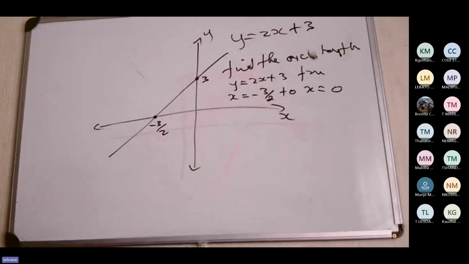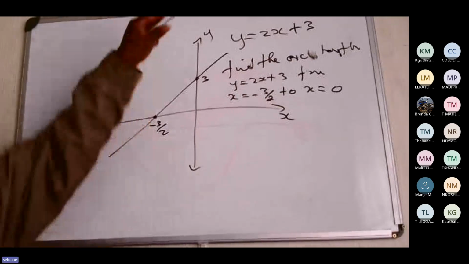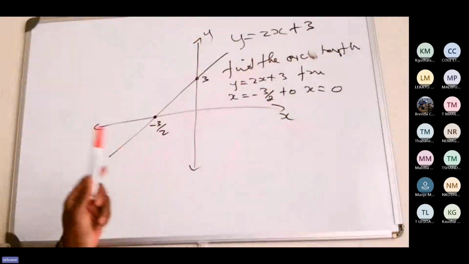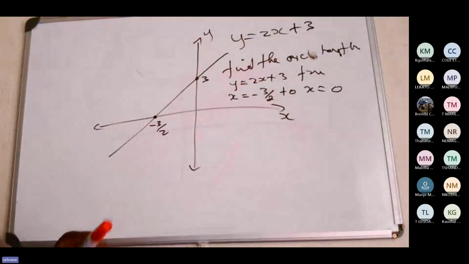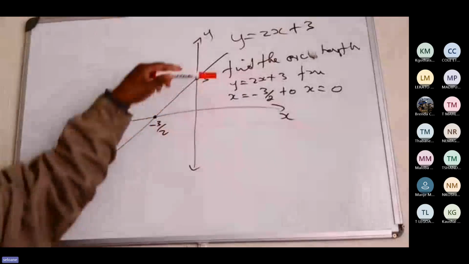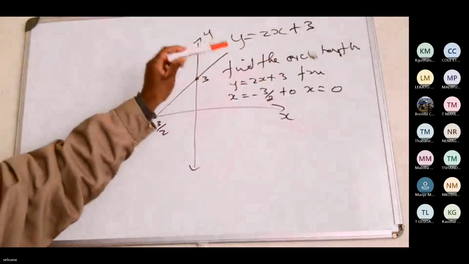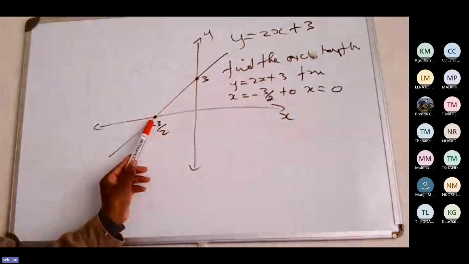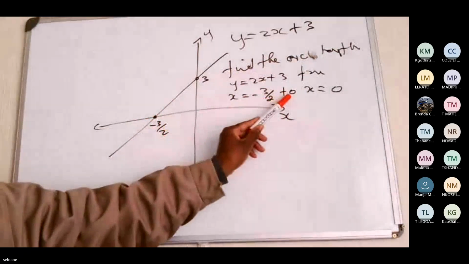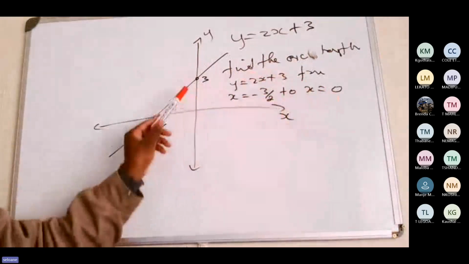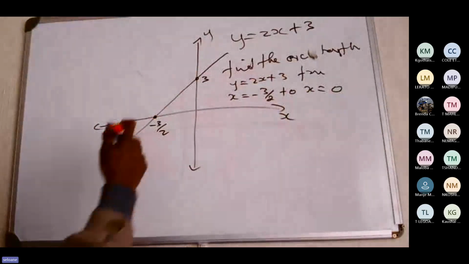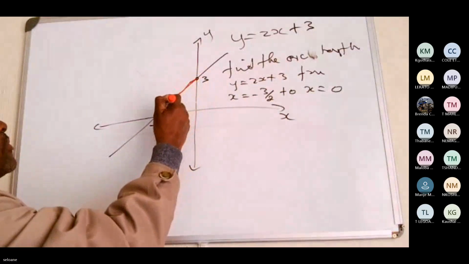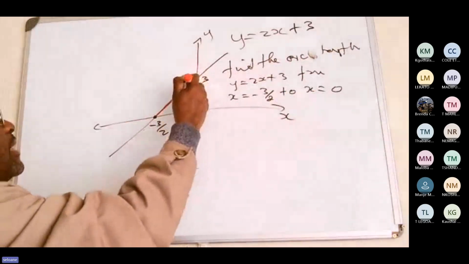Let us pause and think about it. They say this is your function, this is your curve. Now they say find the arc length of this from where x is equal to minus 3 over 2, that is this, to where x is equal to 0, that is here. Meaning we must now find the length of this.